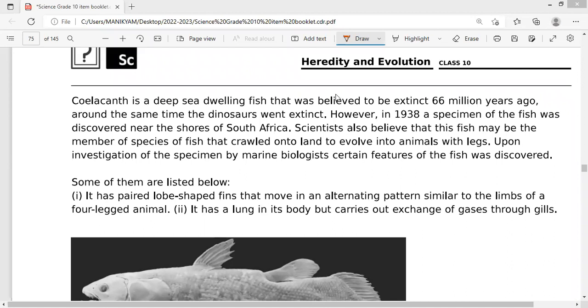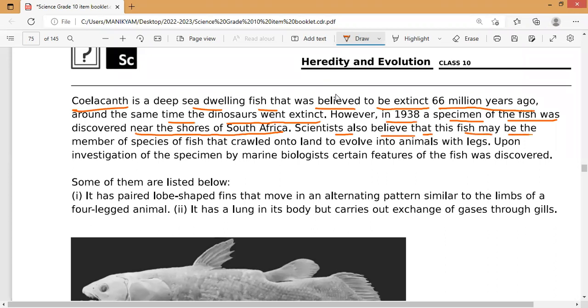Now they are saying coelacanth is a deep sea dwelling fish that was believed to be extinct 66 million years ago, around the same time the dinosaurs went extinct. However, in 1938, a specimen of the fish was discovered near the shores of South Africa. Scientists also believe that this fish may be a member of a species of fish that crawled onto land to evolve into animals with legs.